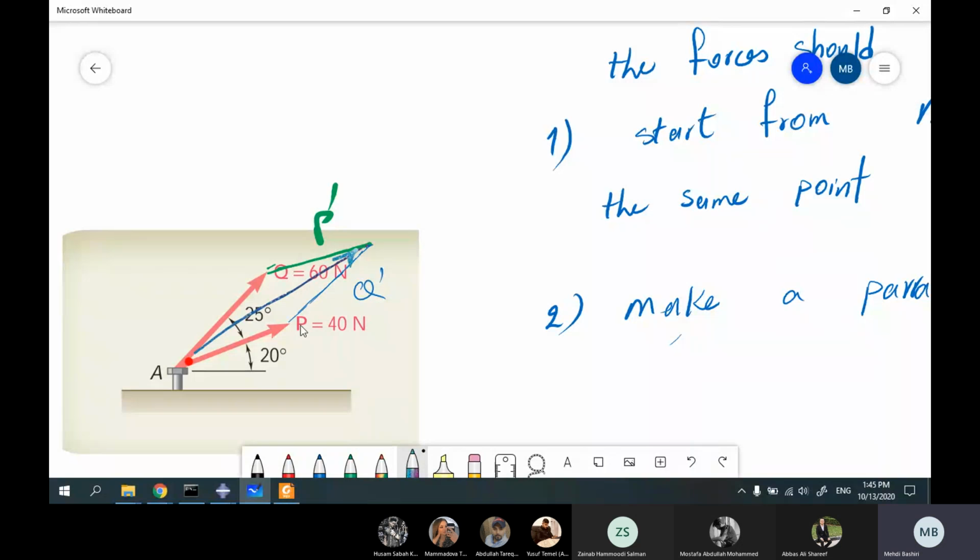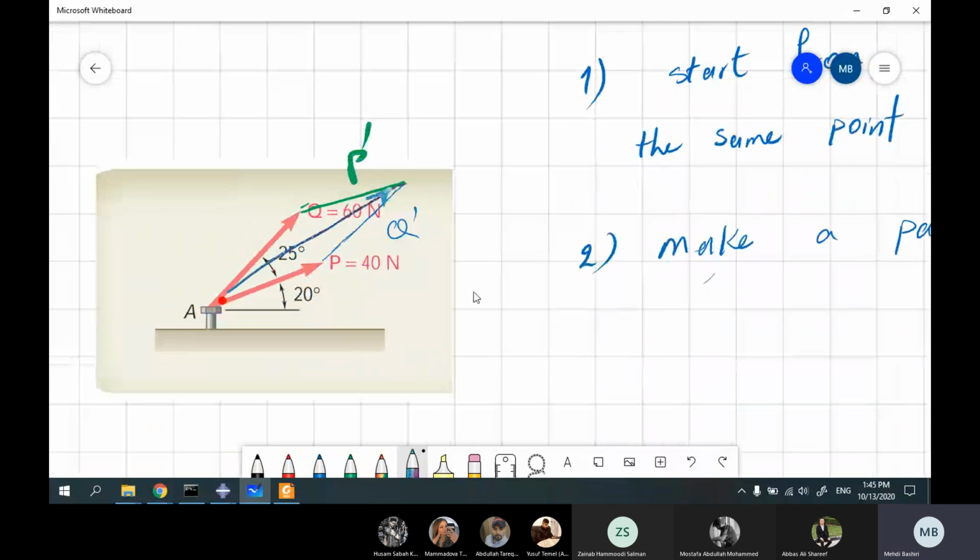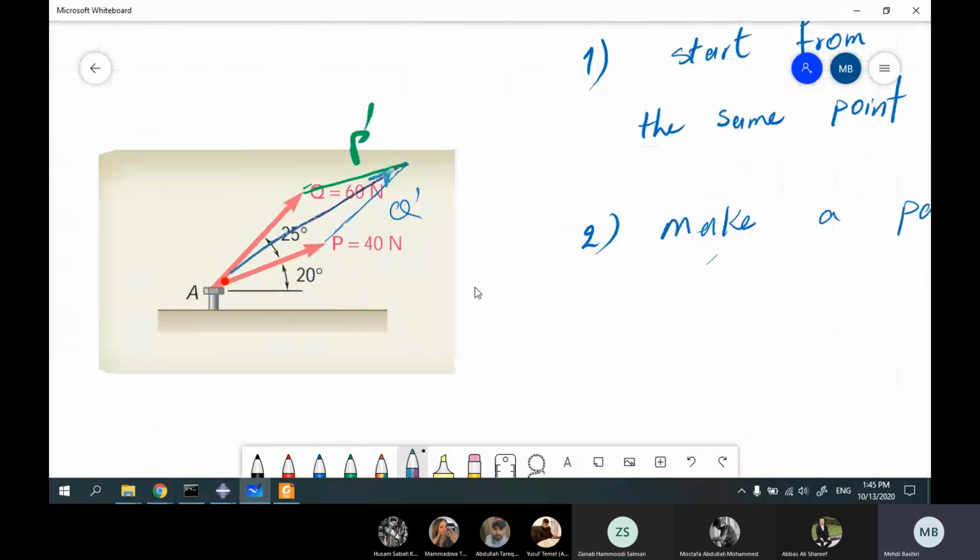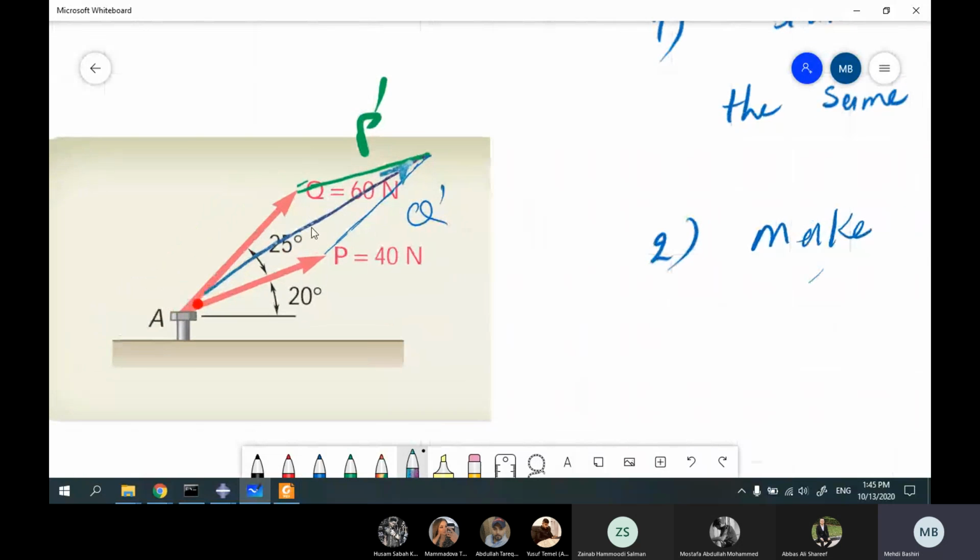If you want to use this method, you have to use a ruler and other things to, for example, find the angles. If I ask you what the summation is, you need to use your ruler, and you draw these lines correctly.